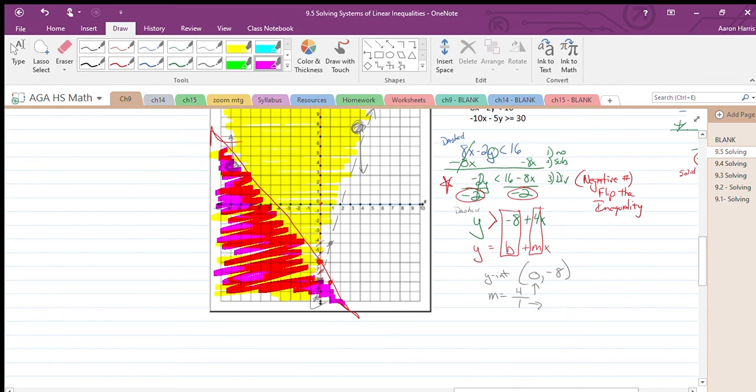Okay, so it's only a little sliver where it's not true for both, but everything else is definitely right there. Double shaded, good to go. And that is my answer for the system of linear inequalities.